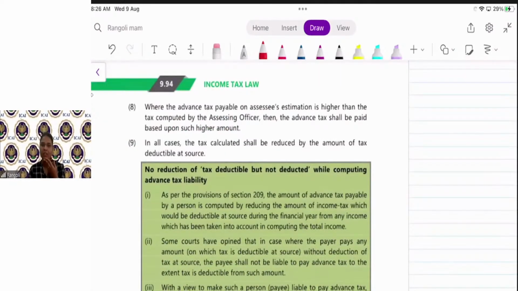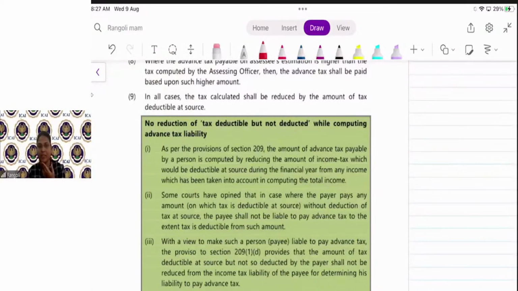While calculating the advance tax liability, you need to deduct TDS, right? But you need to deduct only that amount of TDS which is deducted and deposited. If a payer failed to deduct TDS, then you are not allowed to deduct that amount from your estimated tax liability.